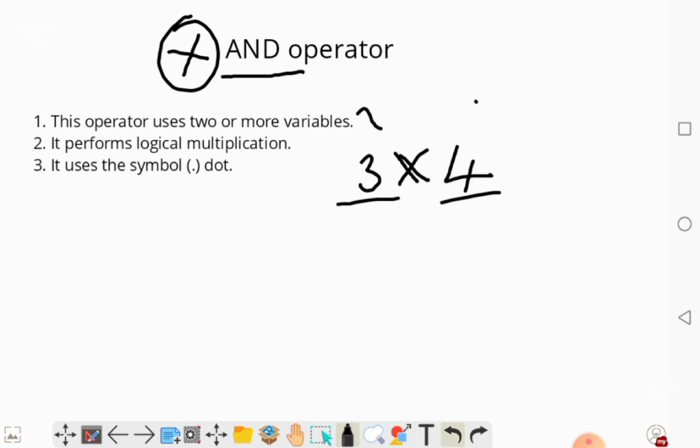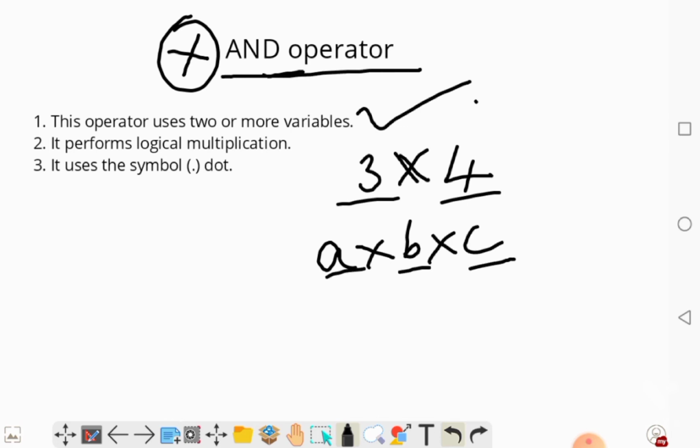Hence we say this operator uses two or more variables, a into b into c. How many variables do we have here? We have three variables. The AND operator uses two or more variables. It performs the logical multiplication, and it uses the symbol dot.